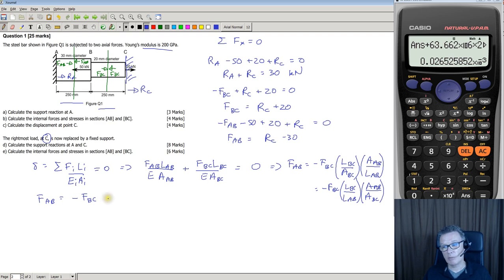The area is proportionate to diameter squared, so that is going to be 30 millimeters squared divided by 20 millimeters squared. I've been a bit naughty there dropping the units, don't need them, got a ratio of millimeters. So that tells me that minus FBC is going to be 9/4.